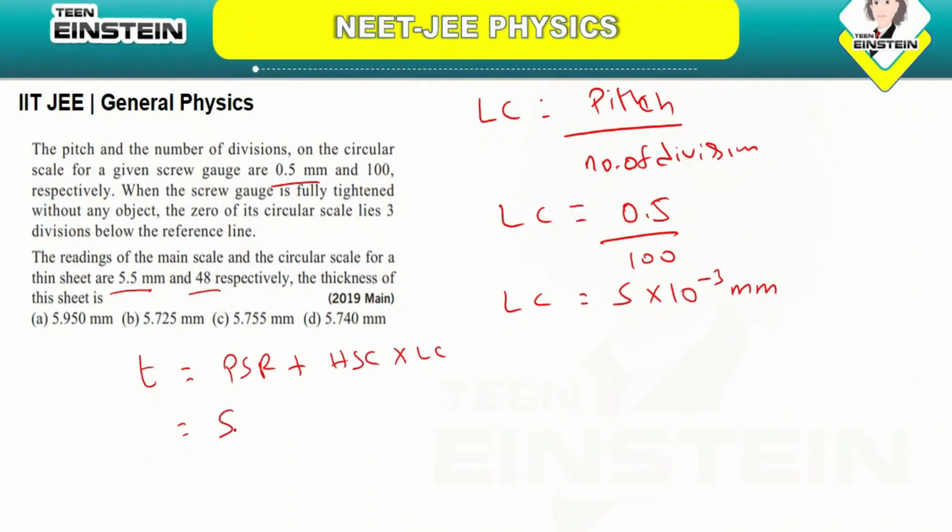So here the pitch scale reading is 5.5 plus head scale 48 into 5 into 10 power minus 3. Here 48 is there and you need to add a plus 3 to it. So it is 48 plus 3 into the least count.